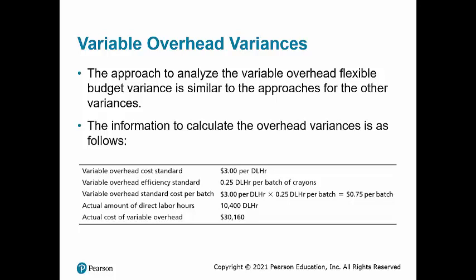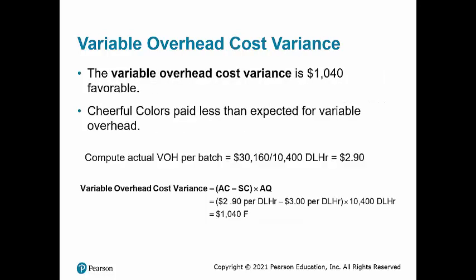Actual amount of direct labor hours was 10,400 and actual cost of variable overhead was $30,160. So Cheerful Colors paid less than expected for variable overhead. The actual cost of variable overhead per hour was $2.90, which was calculated by taking the actual variable overhead of $30,160 and dividing it by the actual direct labor hours of 10,400.